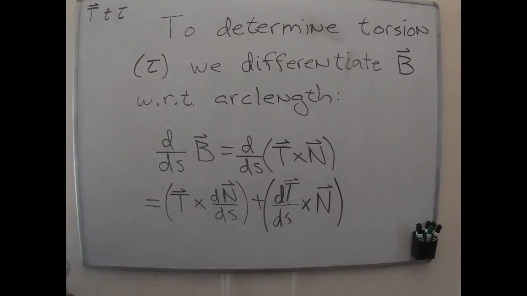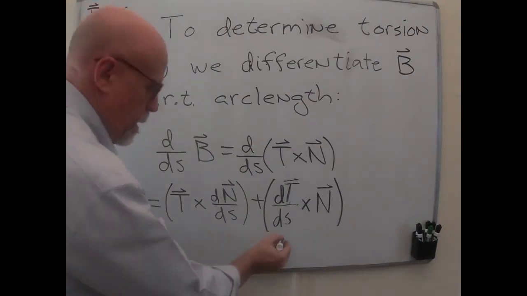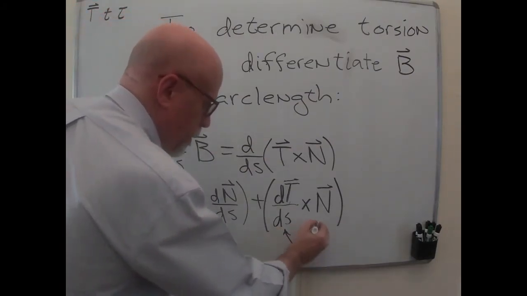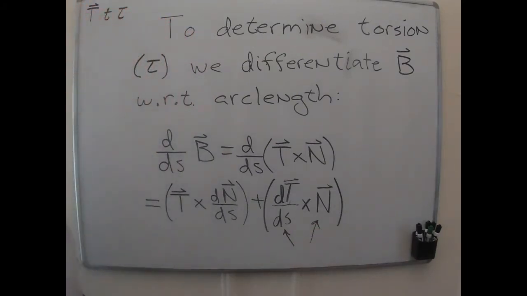Now, something funny happens in one of these. If you think about where n came from, n was the derivative of T with respect to s, rescaled so that it had unit length. Which means that this guy and n are just scalar multiples of one another.